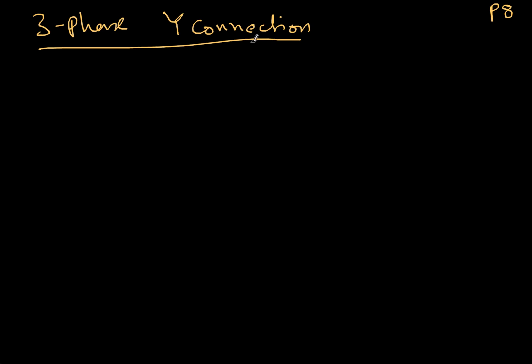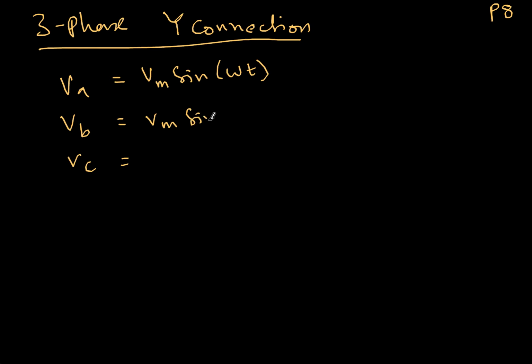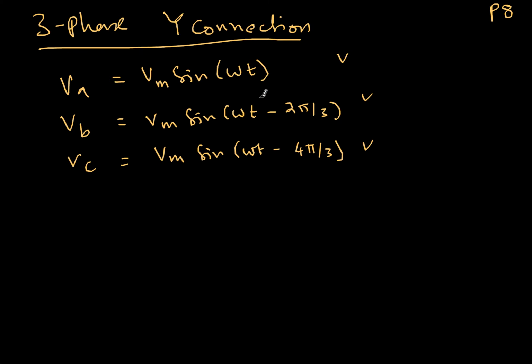So I have three voltages, VA, VB, VC, which are given by the expressions Vmax sine omega t, Vmax sine omega t minus 2 pi by 3 and Vmax sine omega t minus 4 pi by 3. So this is in volts. There is a set of three voltages which are displaced in phase by 120 degrees.